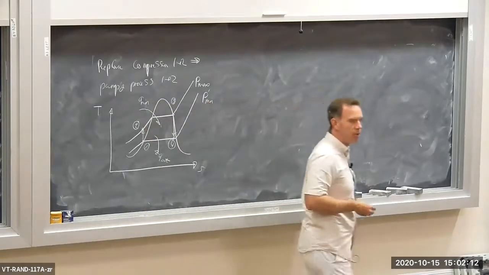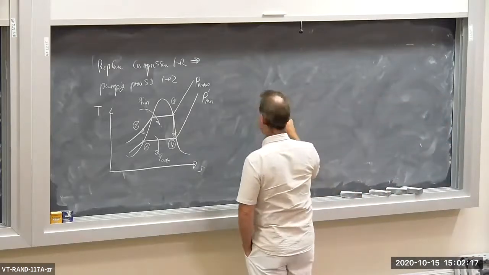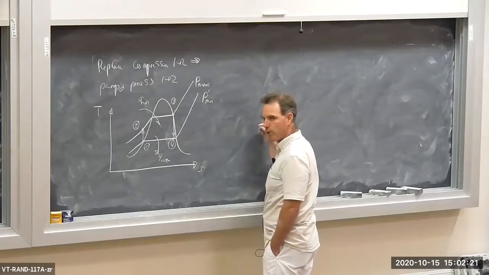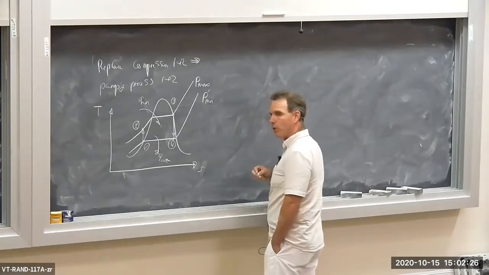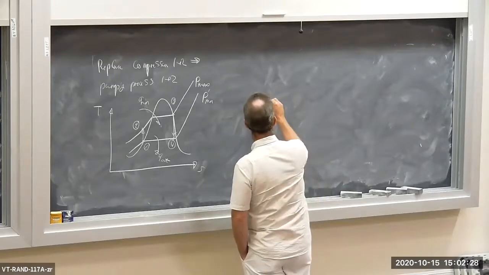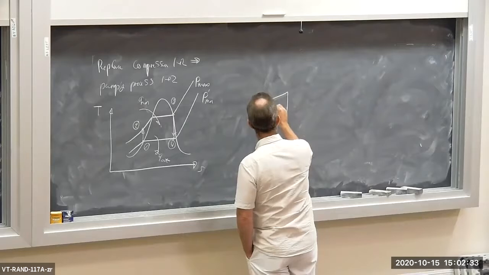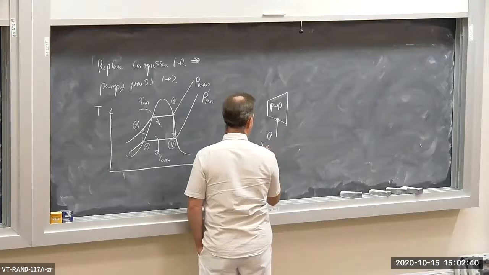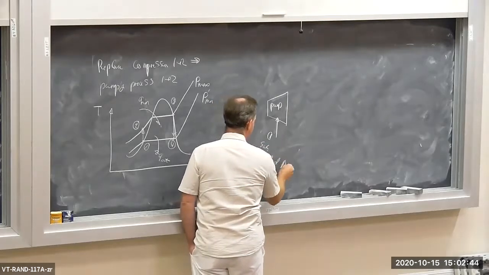Let me show you what this device might physically look like, okay? So we're going to start off with a pump. A pump is a device that pressurizes, don't want to say compress, pressurizes liquids. So we have a pump, and into the pump at state 1, we start off with a saturated liquid at low pressure P1.